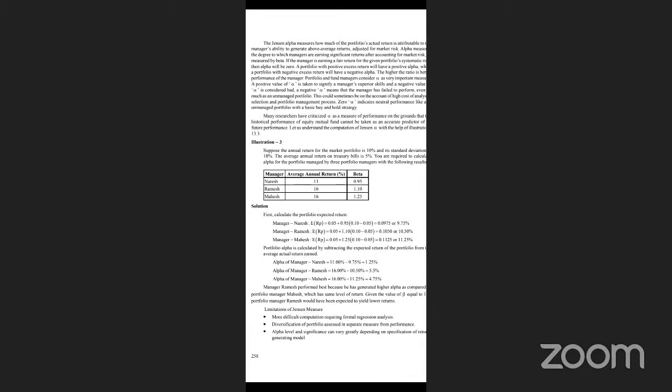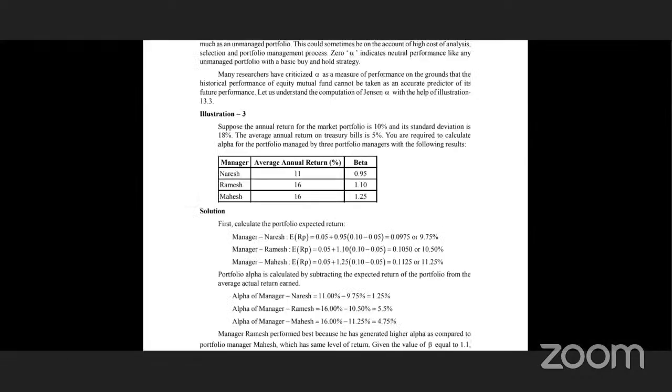Simply we are going to apply the formula, RP, return on portfolio, plus RF minus RM into RF. If you apply the formula, we get the values 9.75, 10.50 and 11.25. So this is the combination of portfolio evaluation, or else we can call it the performance of mutual funds.